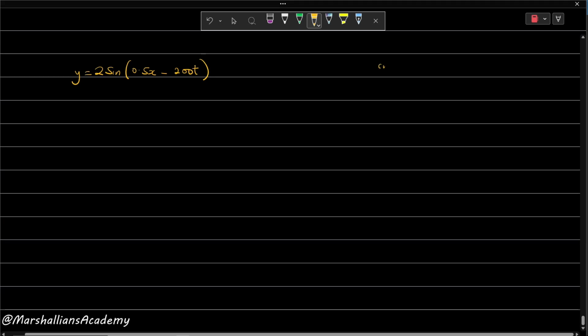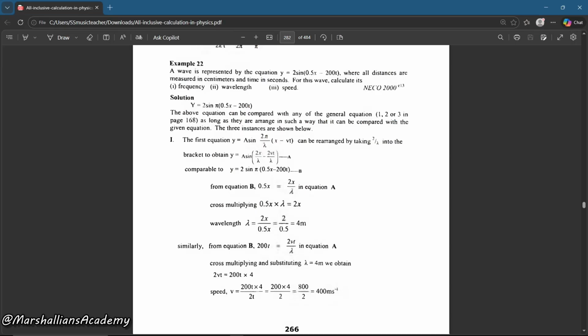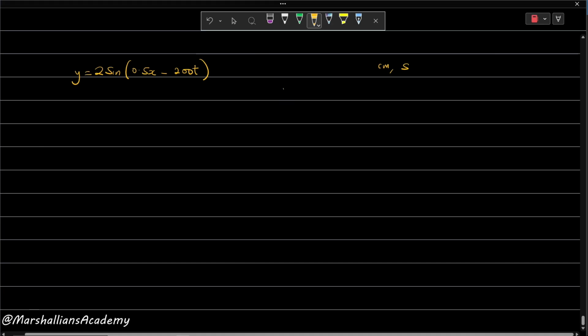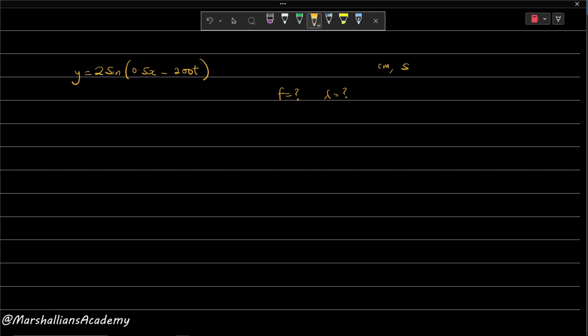Okay? They said calculate the frequency, wavelength, and speed. First find frequency, then we find wavelength, then we are going to be finding velocity, which is speed. So let's try and find the frequency first.